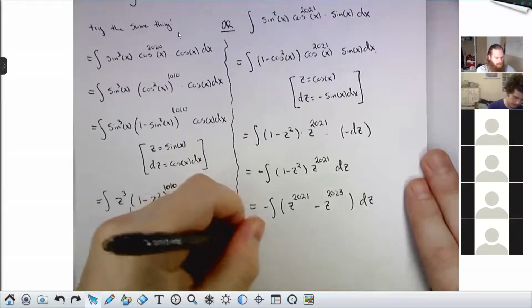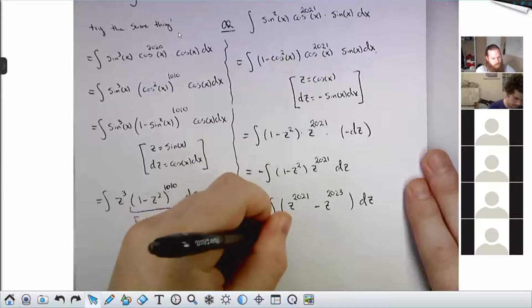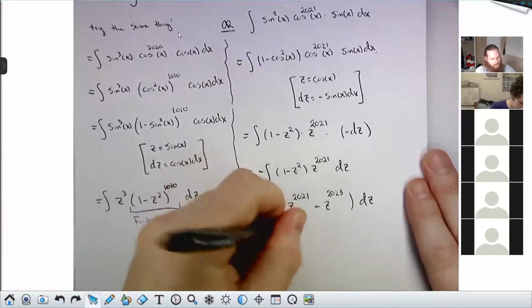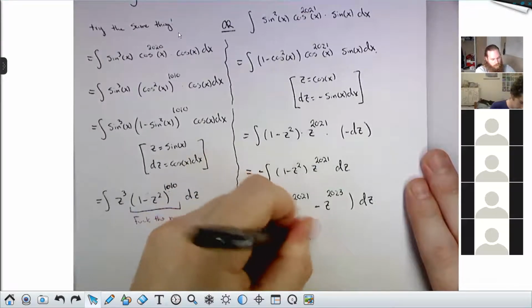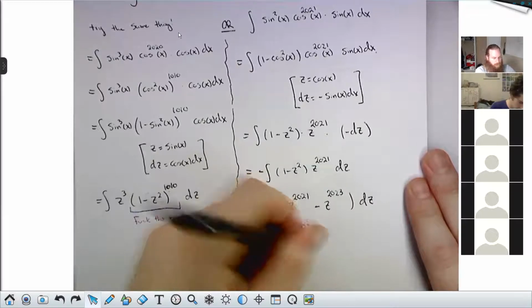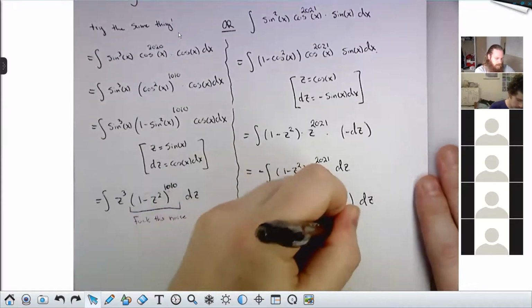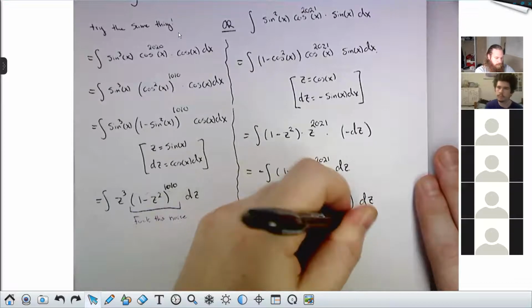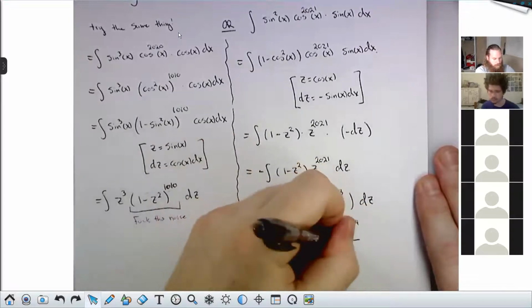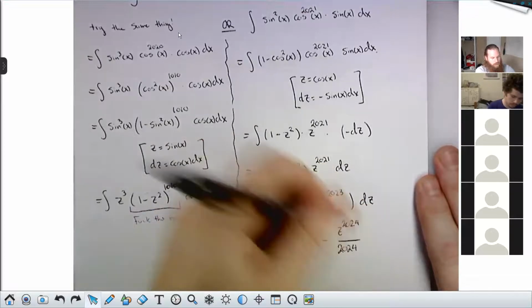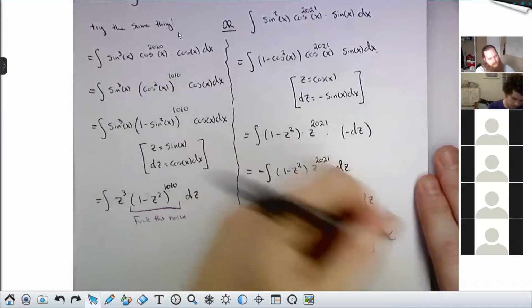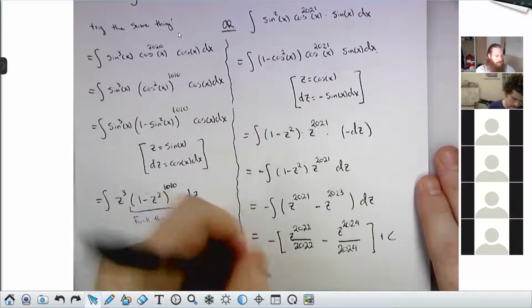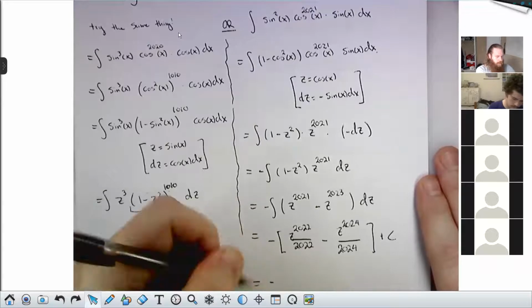So my antiderivative here, I'll put the negative out front, bracket z to the 2022 over 2022 minus z to the 2024 over 2024 plus c. And then we go back to our original variable. I'll distribute the negative while we're at it.